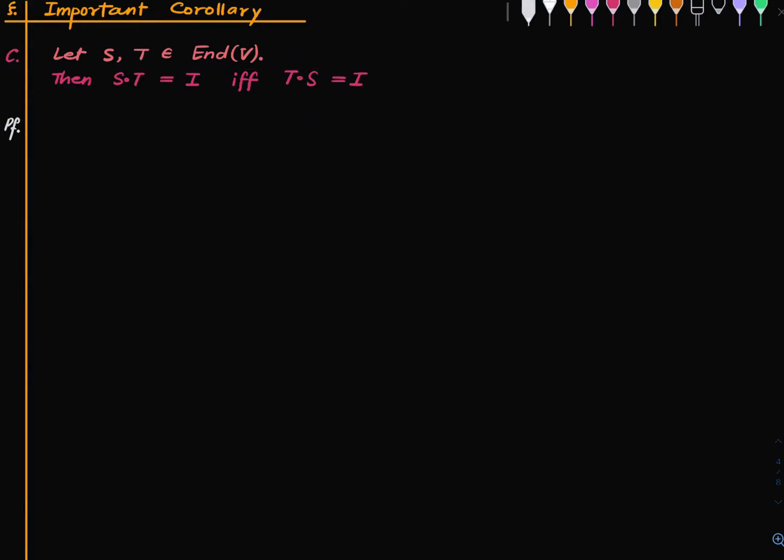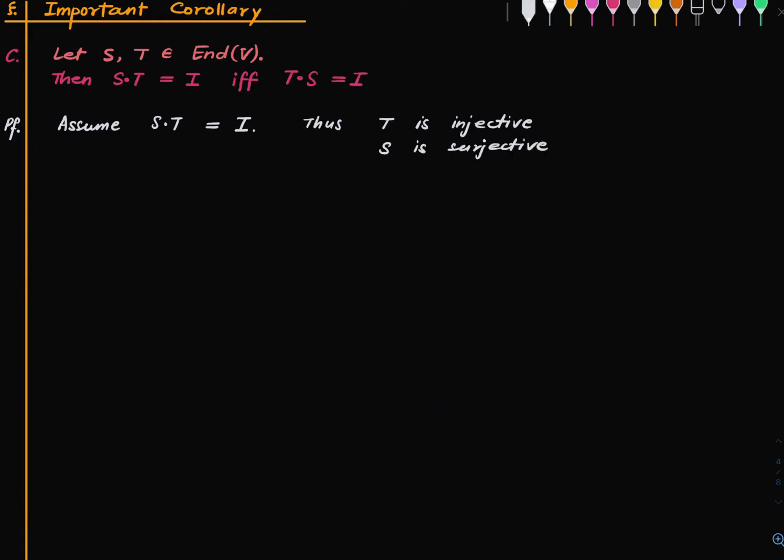All right, so how do we do this? Assume ST is identity, and we want to show that TS is identity. First of all, note that since this is identity, T is injective and S is surjective.